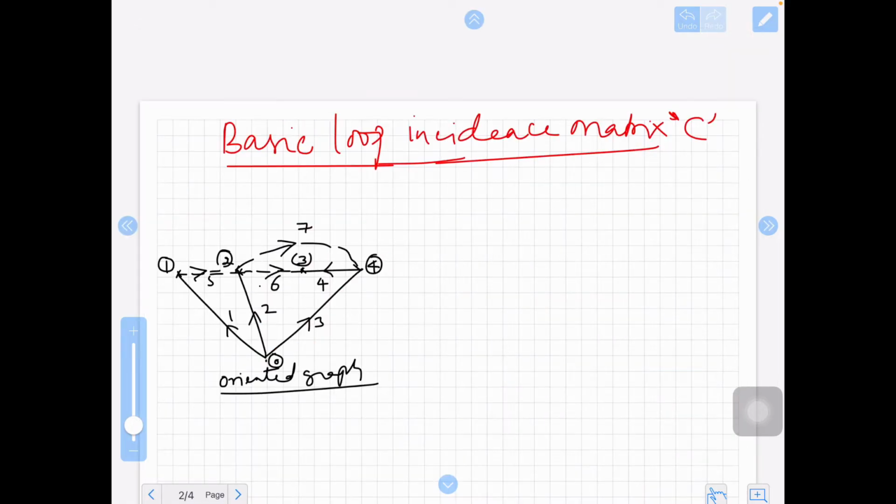Yes, we will see the basic loop incidence matrix formation. For that, it is required to have the oriented graph marked with tree and co-tree.